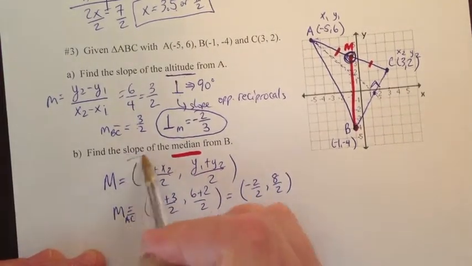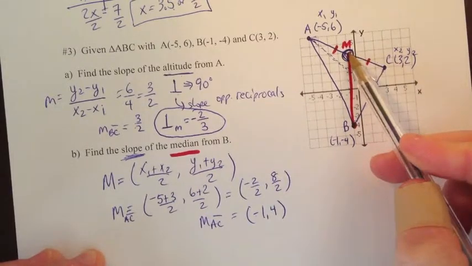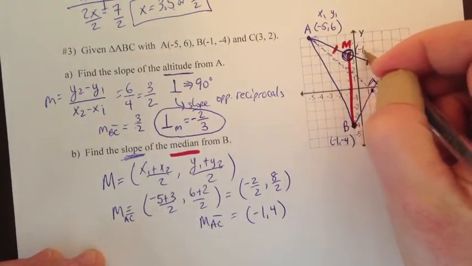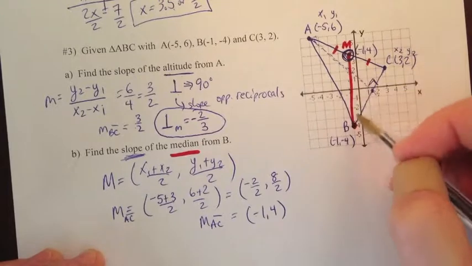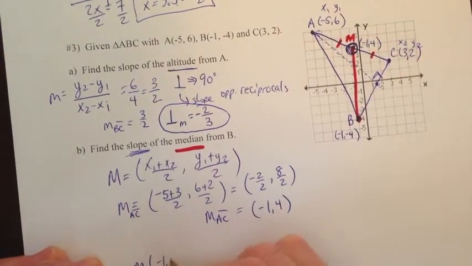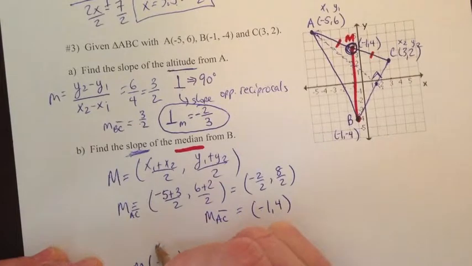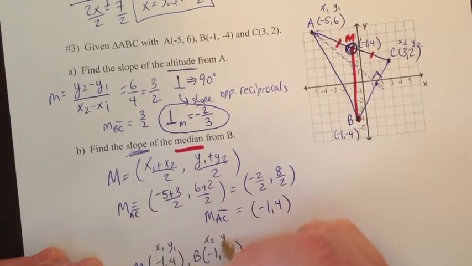Find the slope of the median. Now that I've found this point, negative 1, 4, now I can find the slope of MB. Okay, so M was negative 1, 4, that was the midpoint, and then B was negative 1, negative 4. So x1, y1, x2, y2.